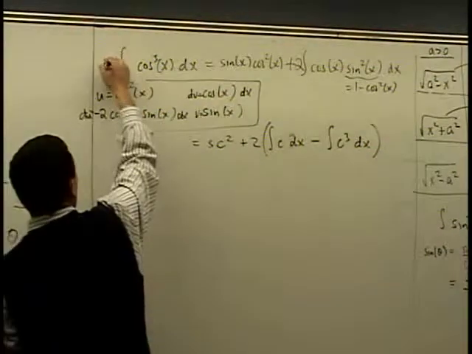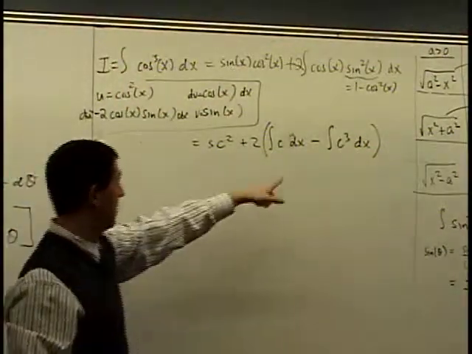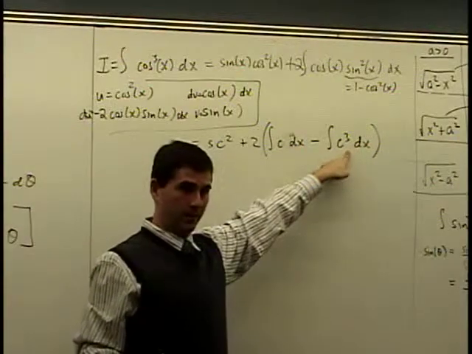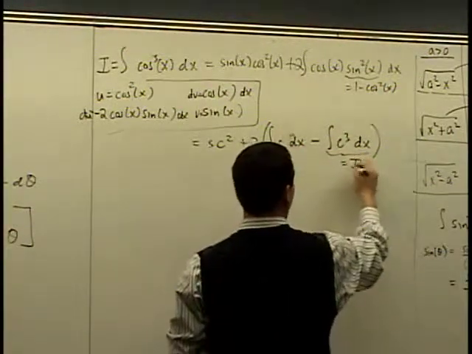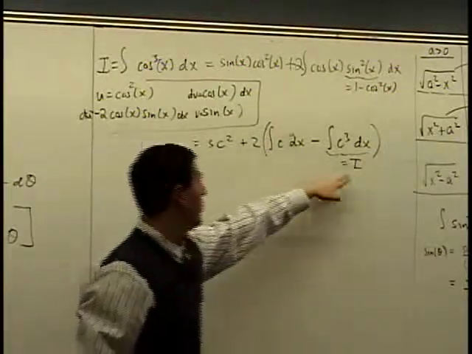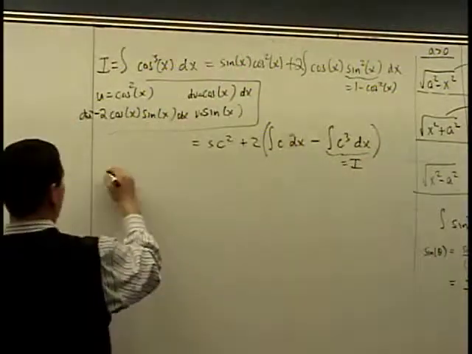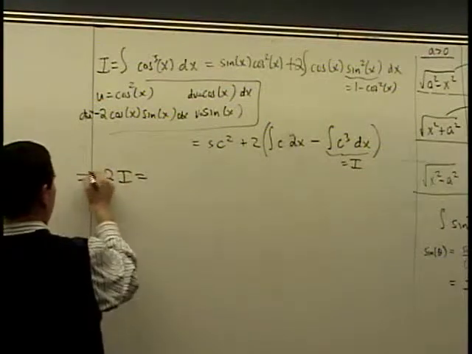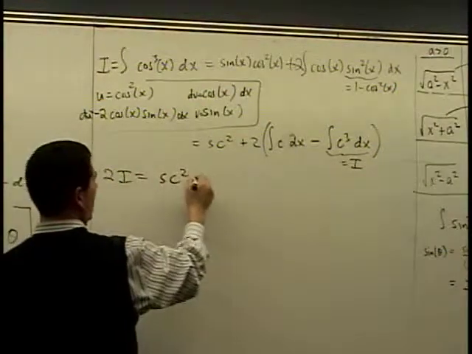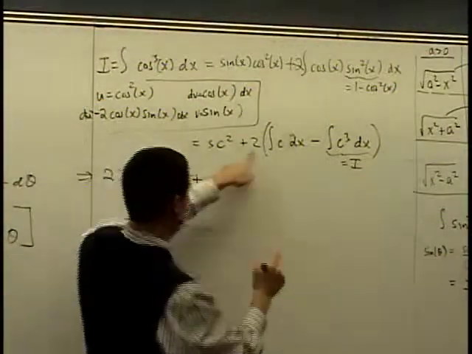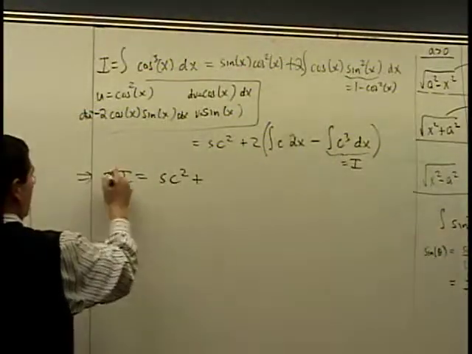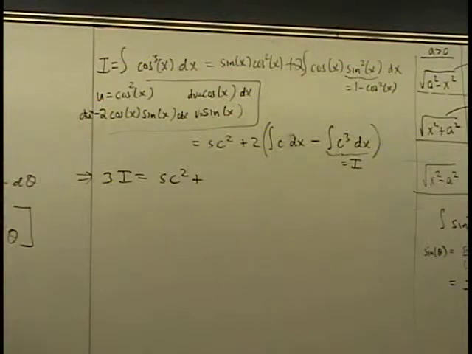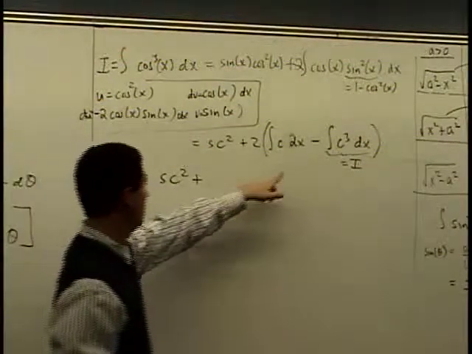And if I call my original integral I, then I've actually recovered my original integral I here. So I add it to the other side, and I get 2I equals SC squared plus, well, actually, remember I had 2 of these. I forgot. I have minus 2 of them, so I actually get 3 of those.